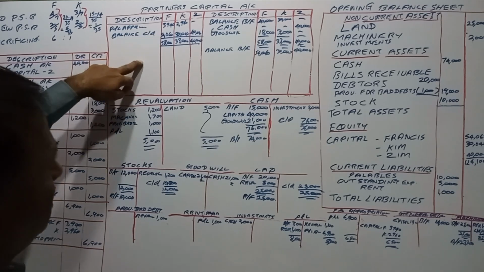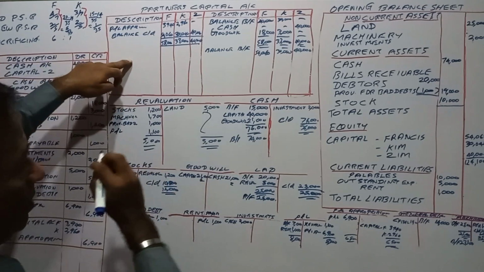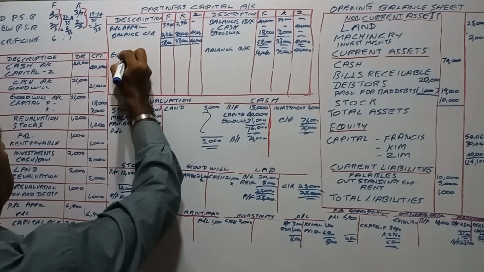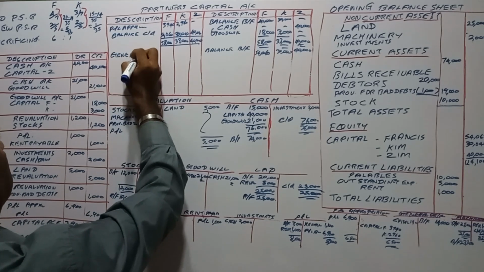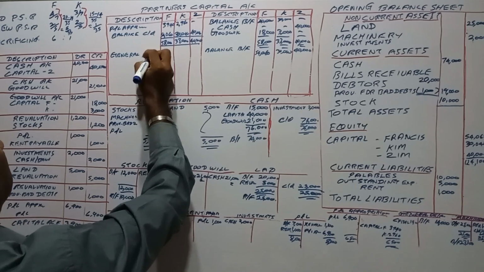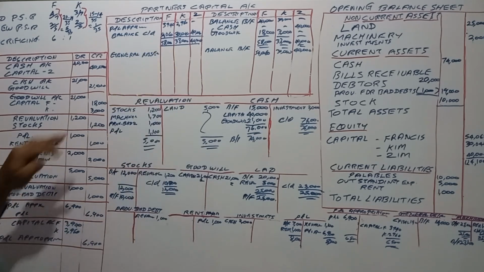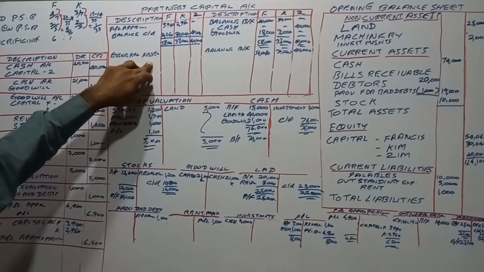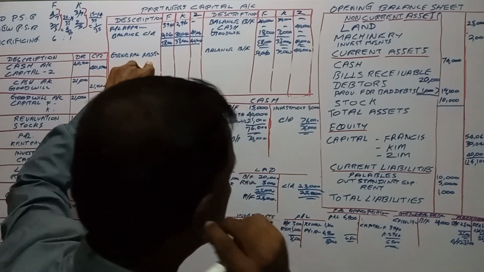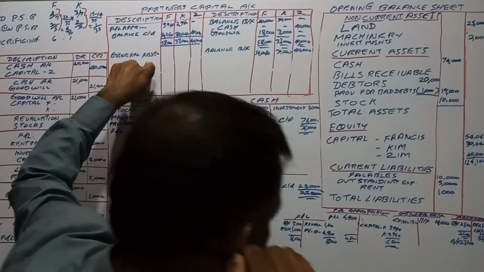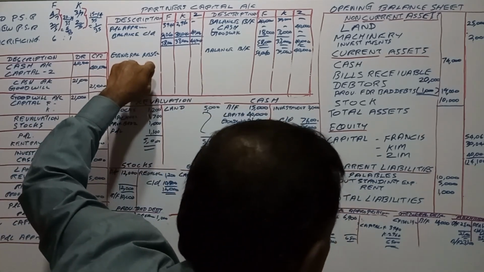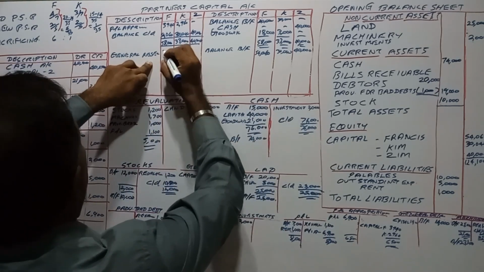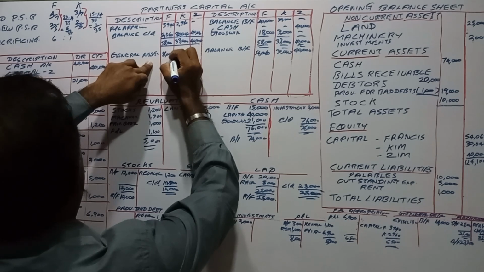We'll transfer it here, capital account, general reserve. How much? 4 is to 3, 7. How much the general reserve is? 14,000: 8,000 and 6,000.